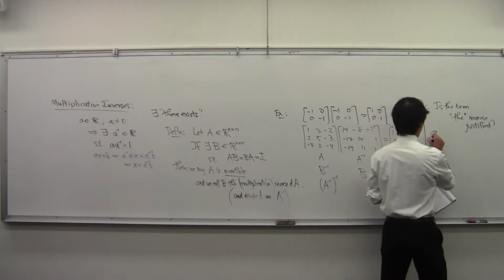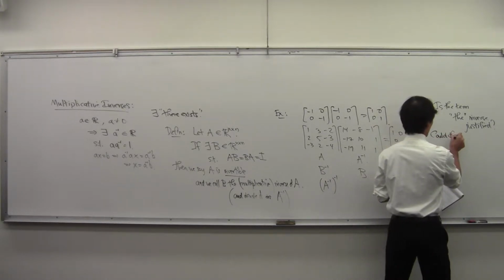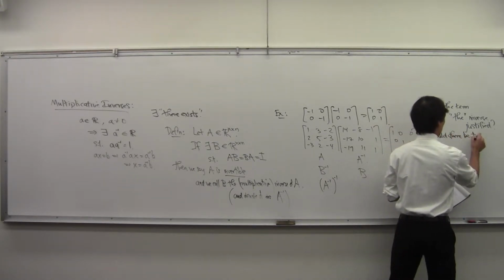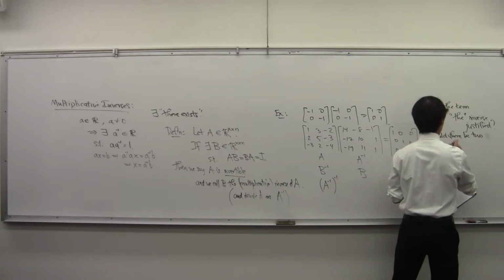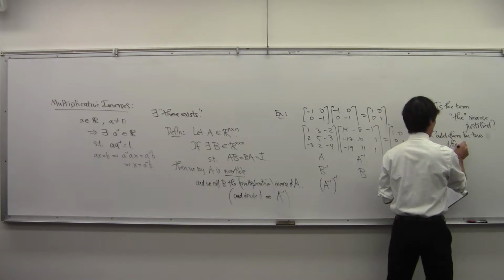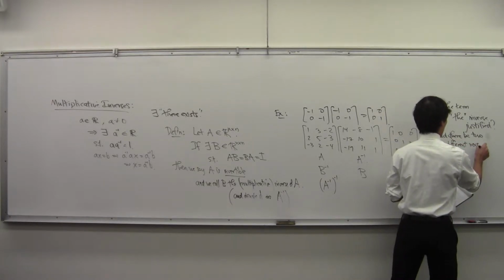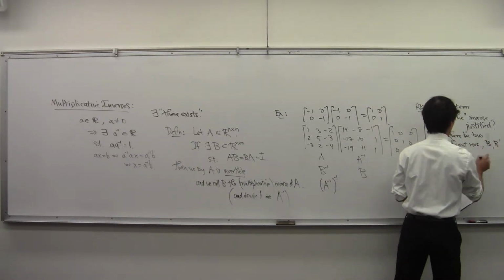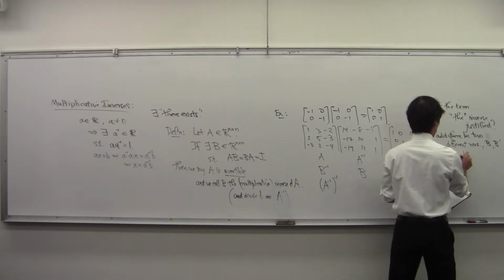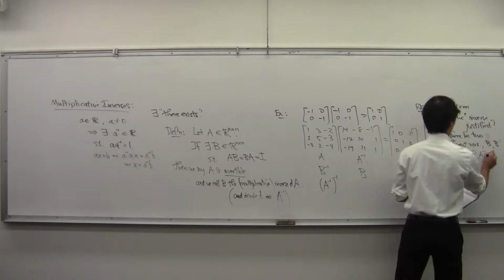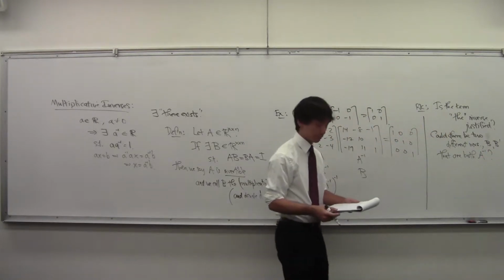So could there be two different matrices, B and B prime, that are both the inverse of A?